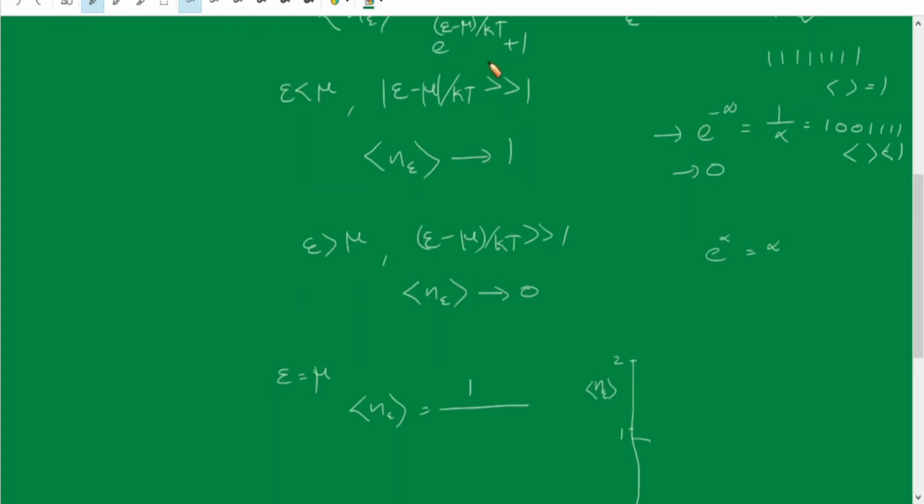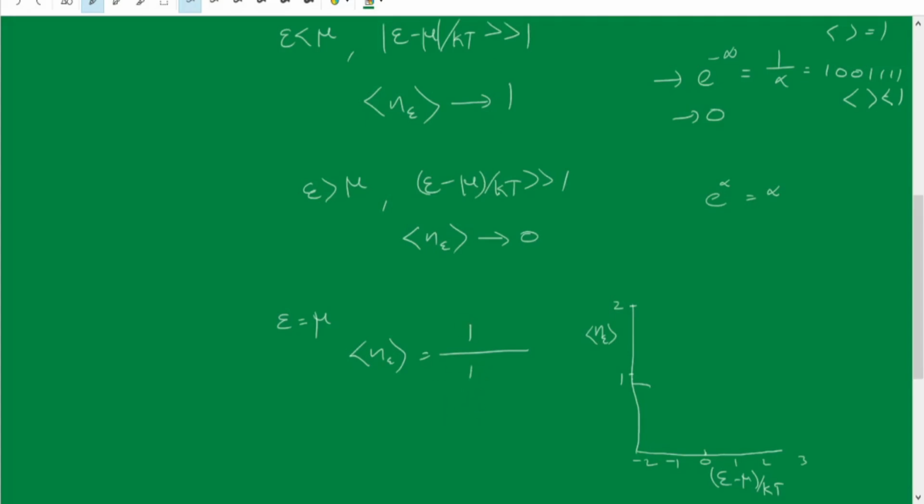So e raised to 0 is 1, and 1 plus 1 is 2, so at this point the value of N_E is equal to 1 by 2. So we can draw a line over here at 0.5. Then the curve goes like this, asymptotically moving along the axis. So this is the graph for the Fermi-Dirac case.